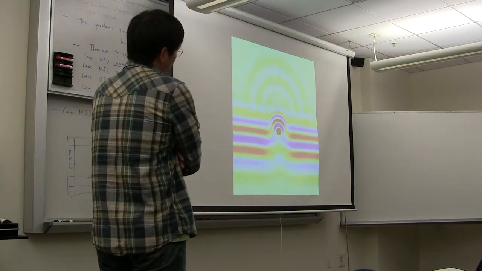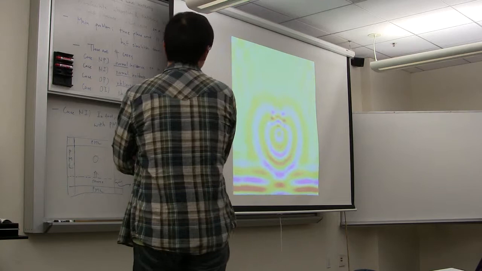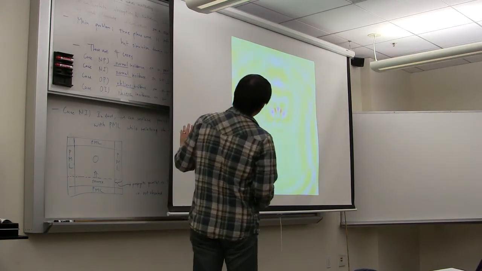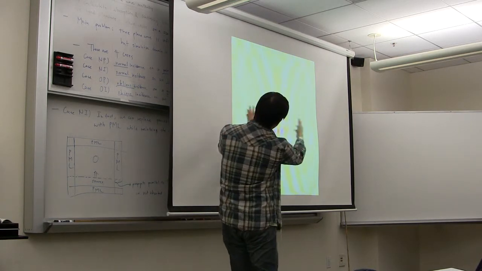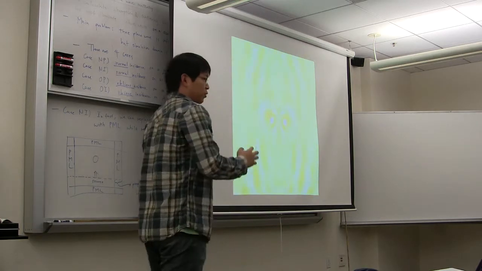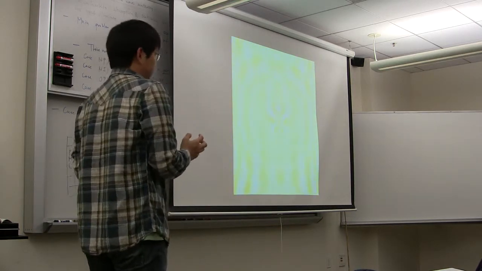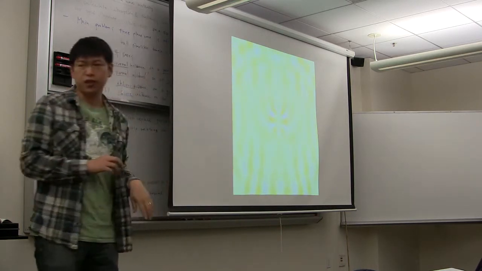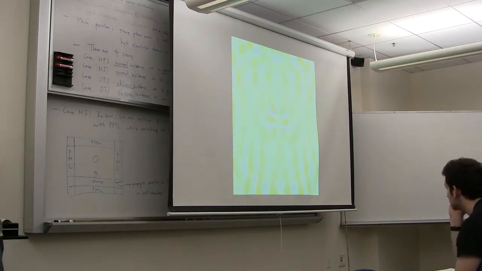It gets scattered. But you can see the waves coming from the left and right, right? That's from the neighboring scatterers. So that's the effect of using the periodic boundary condition.